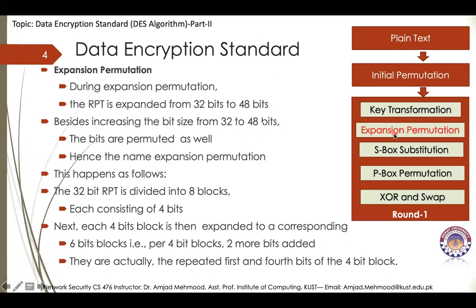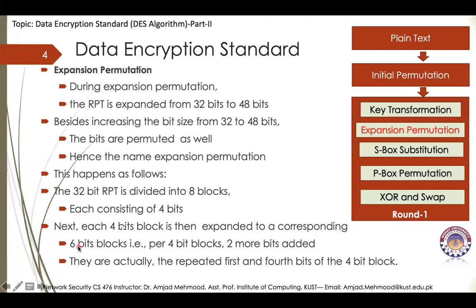So there are two functions that are performed in round 1. One is called expansion. So expansion will be done from 32 bit to 48 bit, and then permutation will be performed. Hence, as the name suggests, this is called expansion permutation. This happens as follows: the 32-bit right plain text, which is received from key transformation, is divided into 8 blocks, each consisting of 4 bits. Next, each 4-bit block is then expanded to a corresponding 6-bit block.